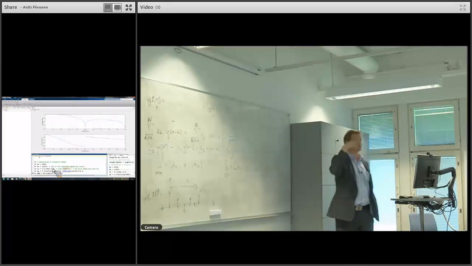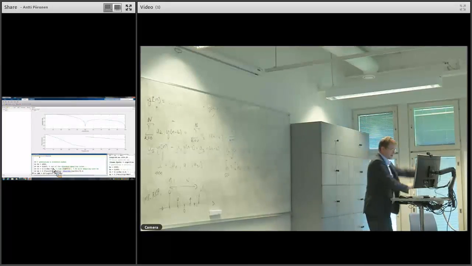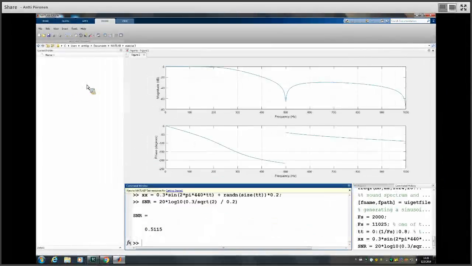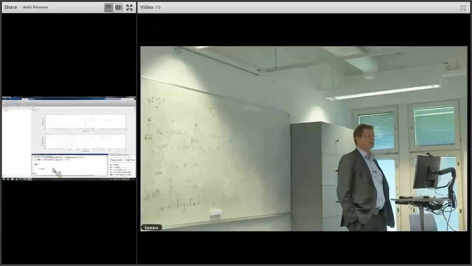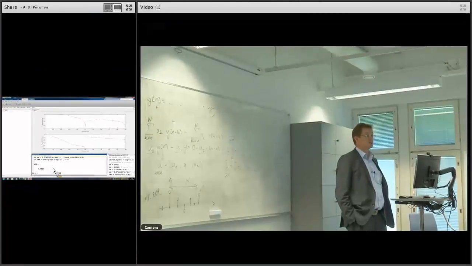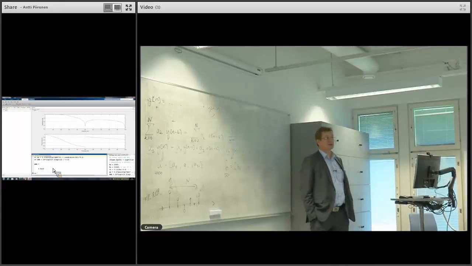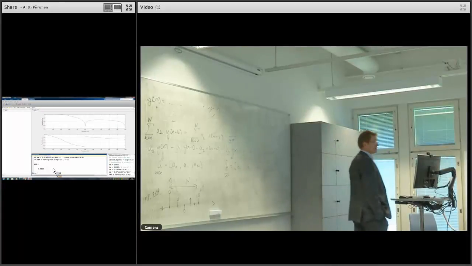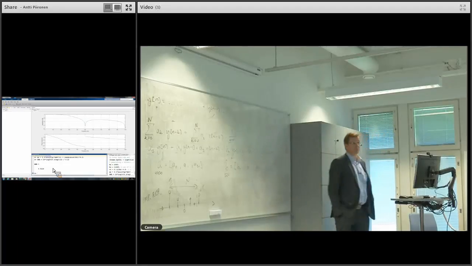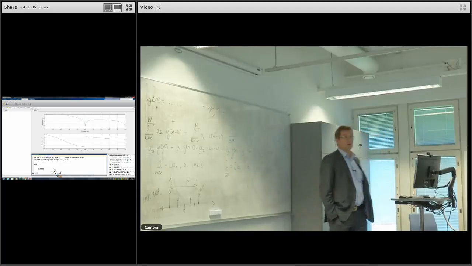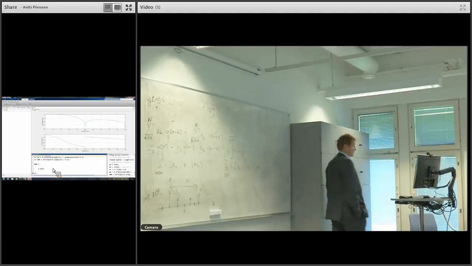It's the same as root mean square value. And then we have the 0.2 there, so we have 0.5115 signal to noise ratio. Okay, so it's not really a good signal. We just have barely more power on the signal than in noise.